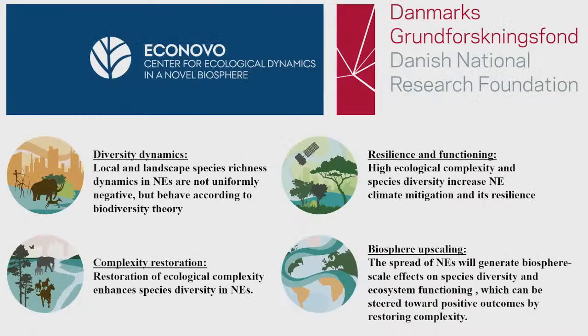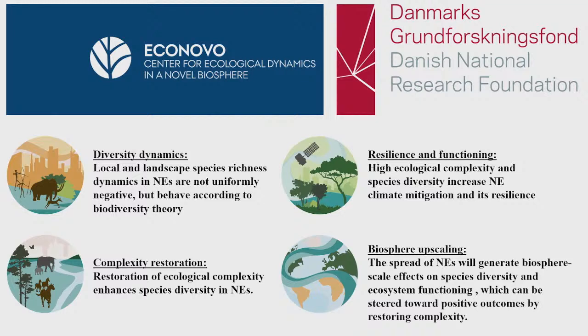All right, so that all led to the development of this center. It's called Econovo, the Center for Ecological Dynamics in a Novel Biosphere. And essentially what we are trying to do here with all these 4 different packages is that we're hypothesizing that the diversity dynamics within novel systems are not universally negative, and we're trying to find what are those drivers that maintain that functionality.